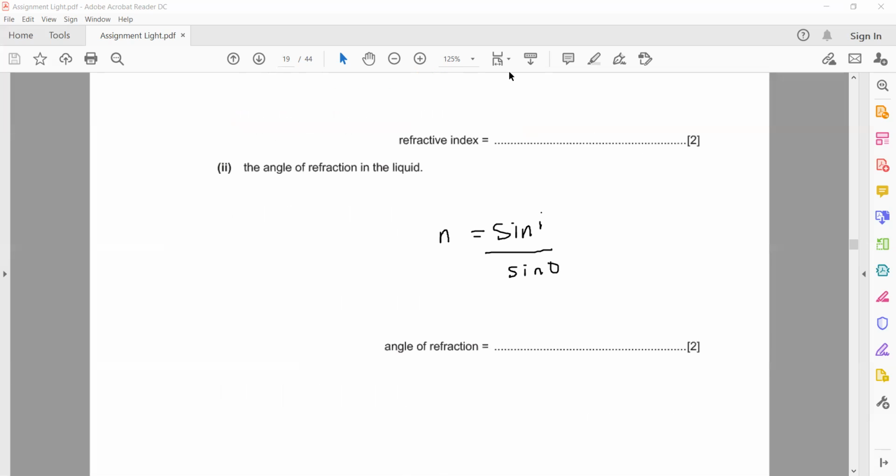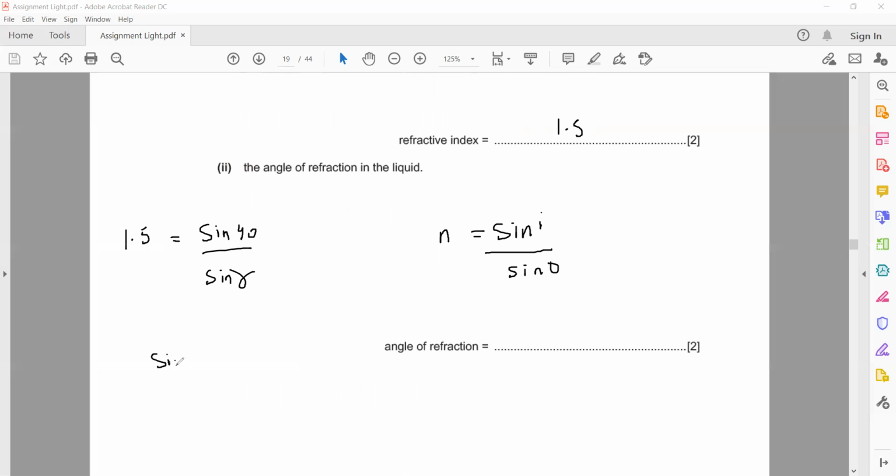So angle of incidence is given, 40. Refractive index you already worked out in the previous part, 1.5. This is sine 40 over sine R.